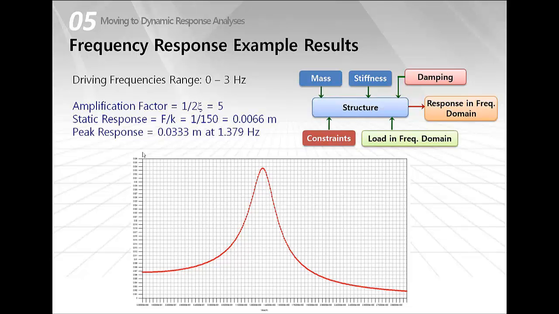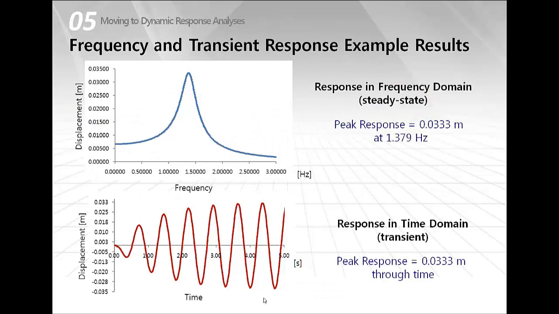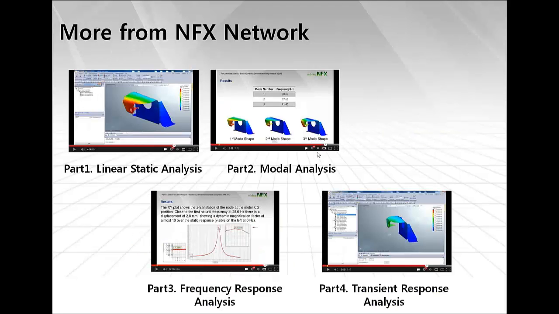And if you multiply this by the amplification factor, the peak response will be like that. And this occurs at the natural frequency. If we compare these two graphs, you see that we obtained the same peak response for both analysis types.